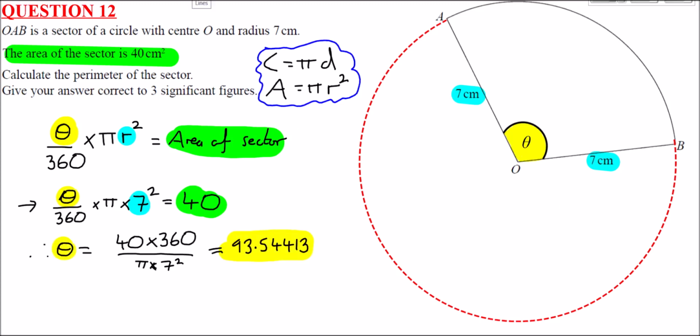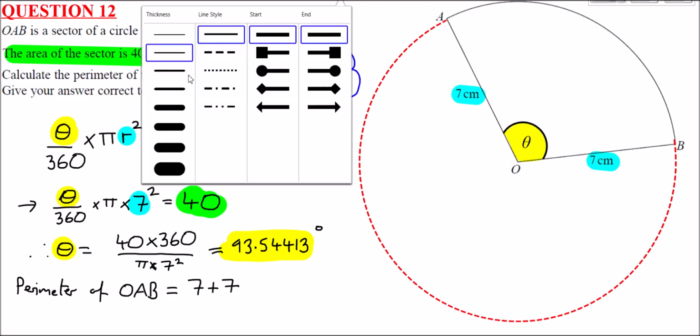Now, the perimeter of this is going to be the length all the way around the outside. So the perimeter of OAB is going to be 7 plus 7. I can just show you why it's going to be 7 plus 7.